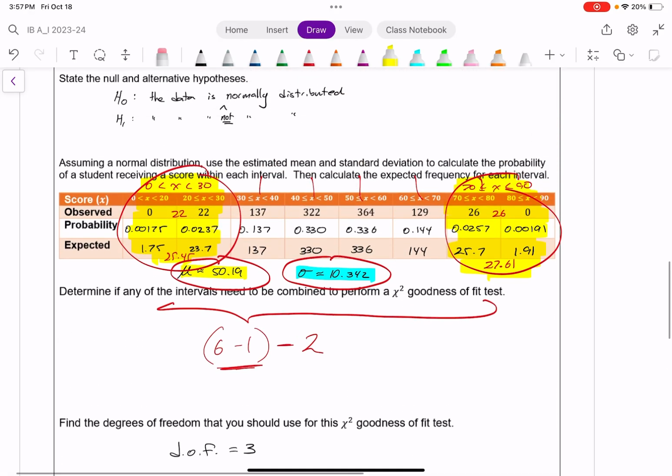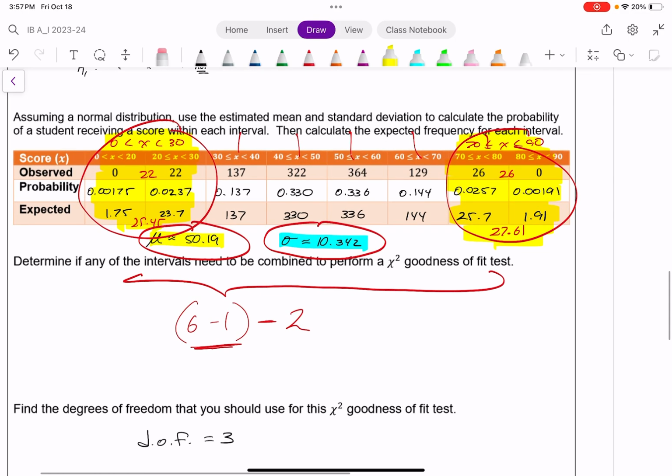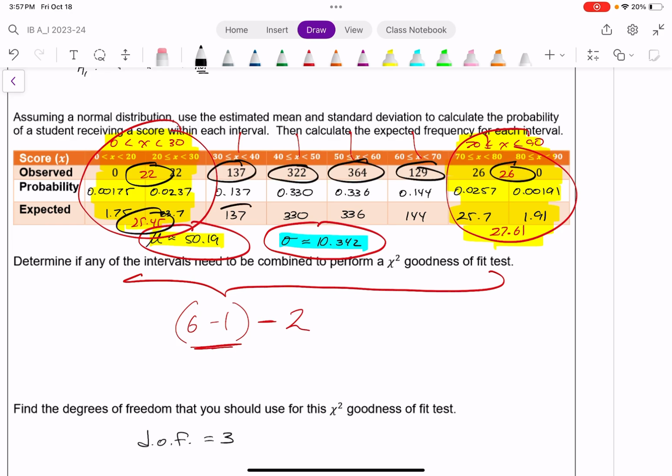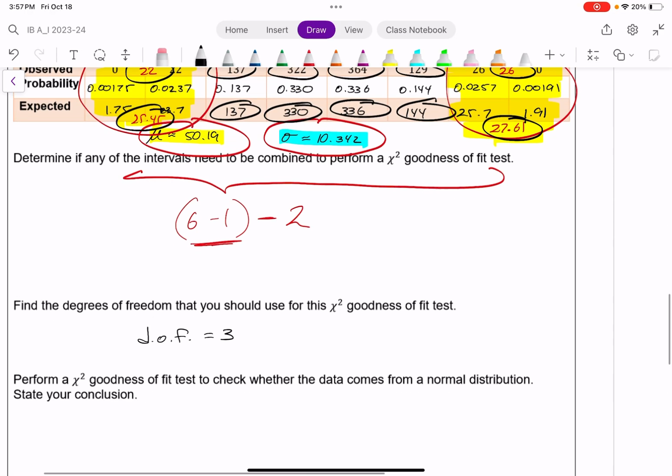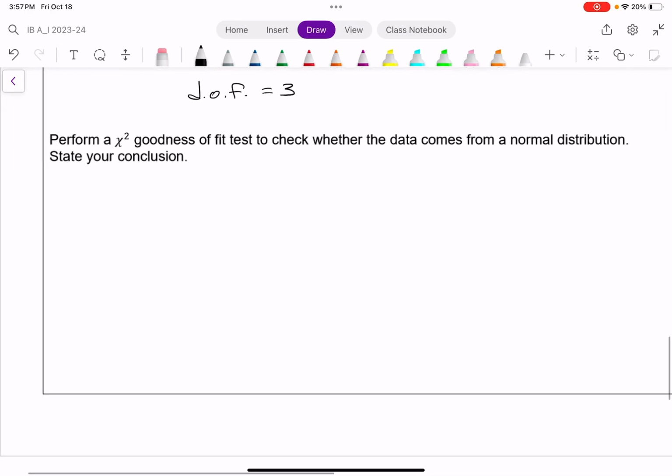All right, now though, I can complete my hypothesis test. I have made a huge mess of my table, but I need to just compare these observed values with these expected values. And when I do that, which we've learned about before, with the degrees of freedom of 3, we should get a p-value of approximately 0.200.